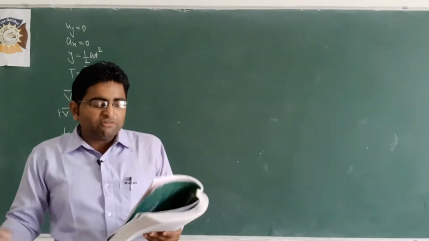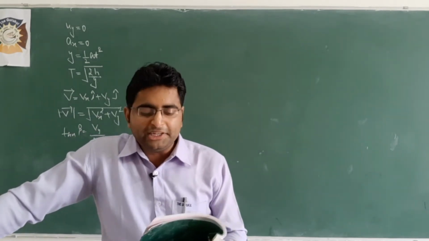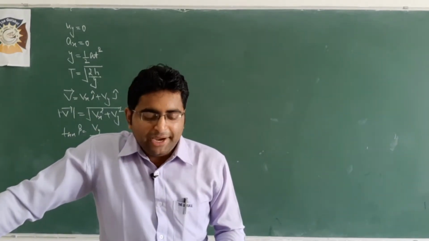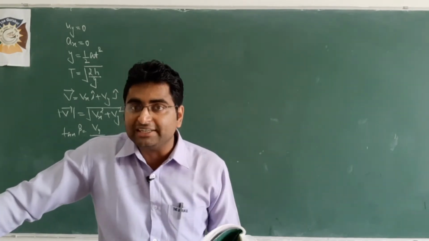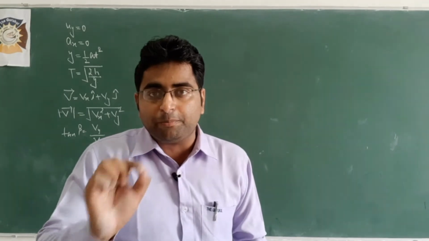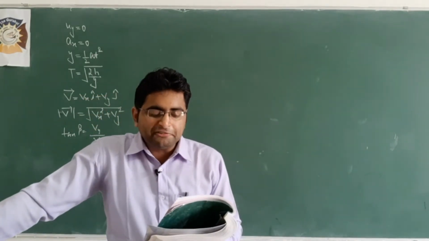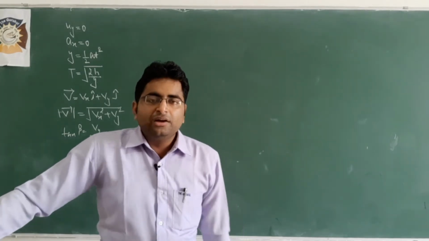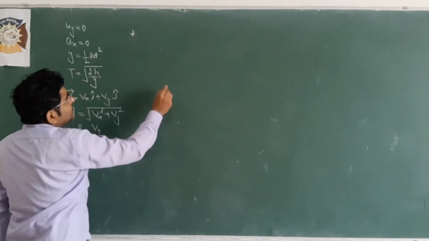First problem we have: a hiker stands on the edge of a cliff 490 meters above the ground and throws a stone horizontally. So it is a case of horizontal projectile with an initial speed of 15 meters per second. Clear? So firstly I am making the diagram.